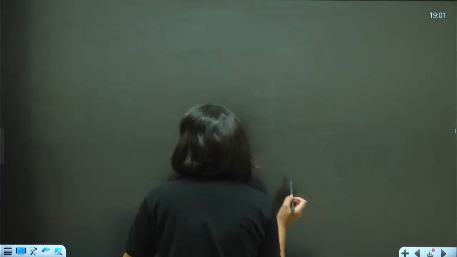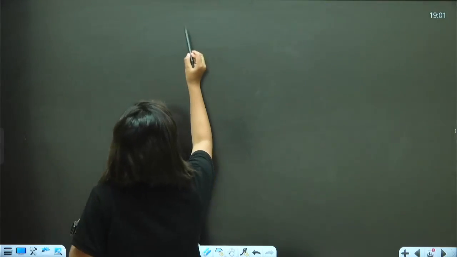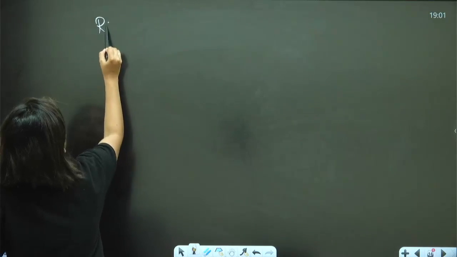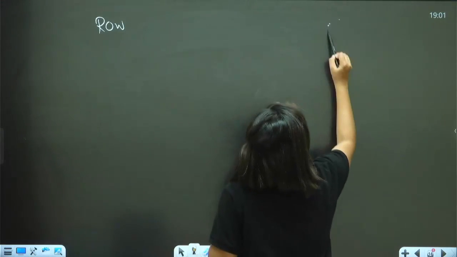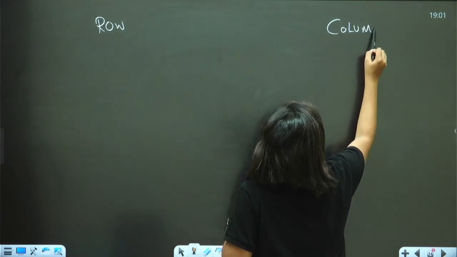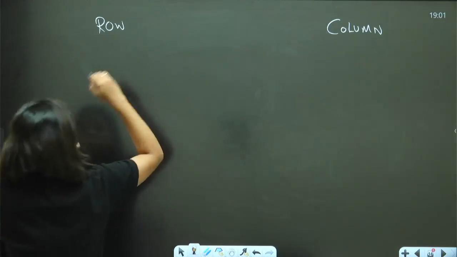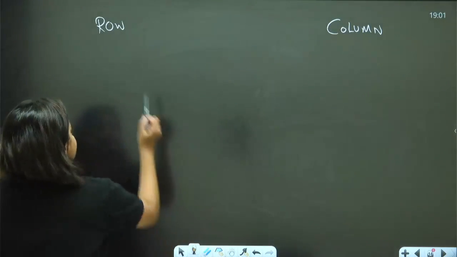One couple of more things related to this I want to tell. That is, whenever you are doing elementary transformation to find inverse. If you are doing row transformation and column transformation, you understand any one very well, the other part will be very easy to understand.